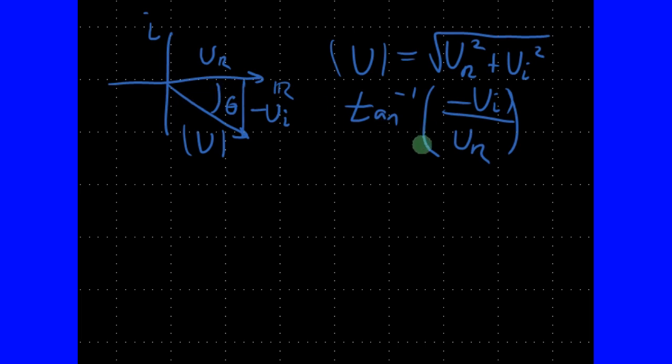This will give a negative number, which means the angle is negative from the real axis. So this is how we can relate an imaginary number into a magnitude and a phase.